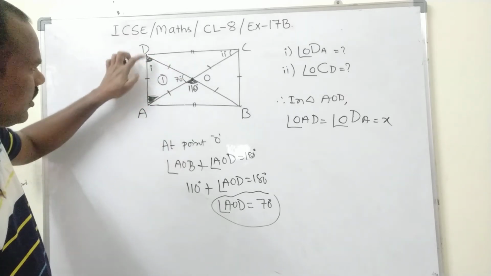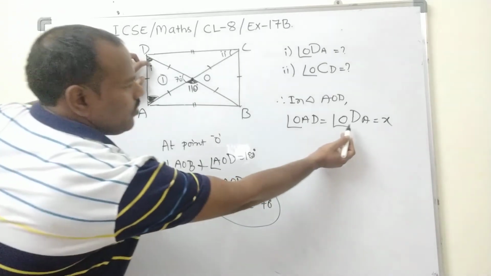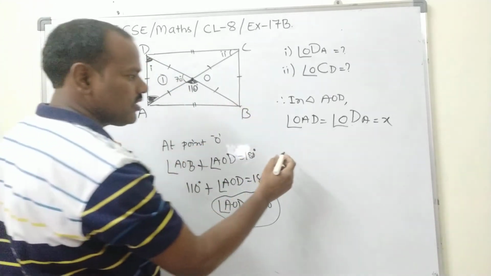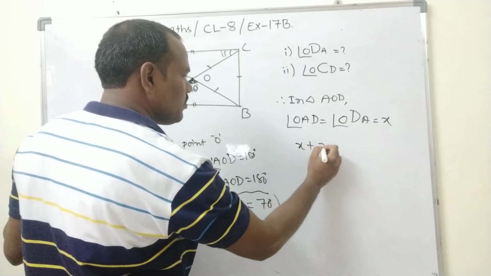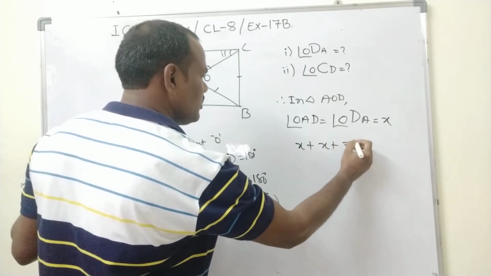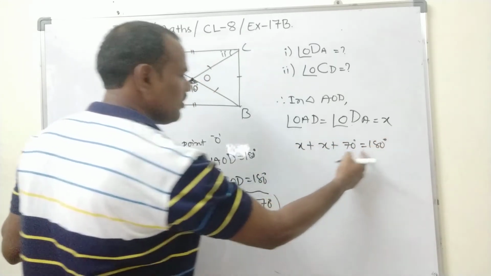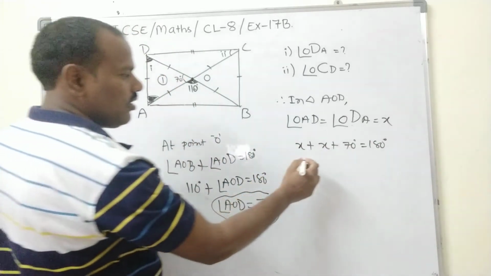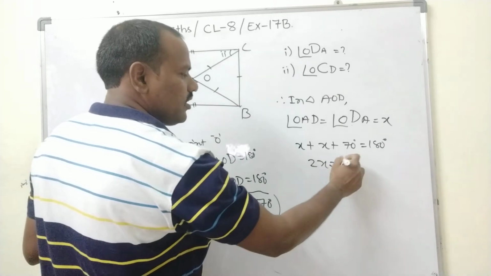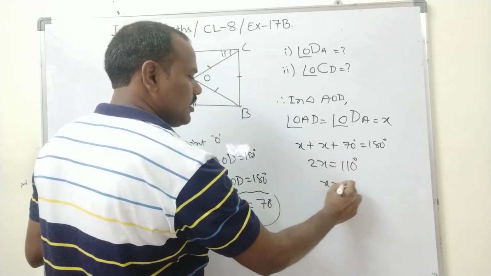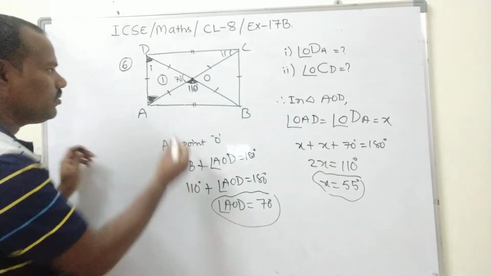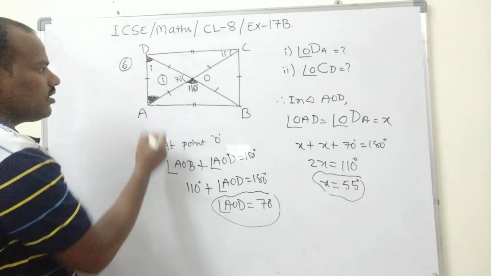Angle ODA means this one, and angle OAD means this one, equal to x degrees. But we know that 2x plus 70 degrees equals 180. Where has this 70 come from suddenly? 70 we already calculated here. So 2x equals 180 minus 70, which is 110. x is equal to 110 divided by 2, which is 55 degrees. So each measure, this one, is equal to 55.